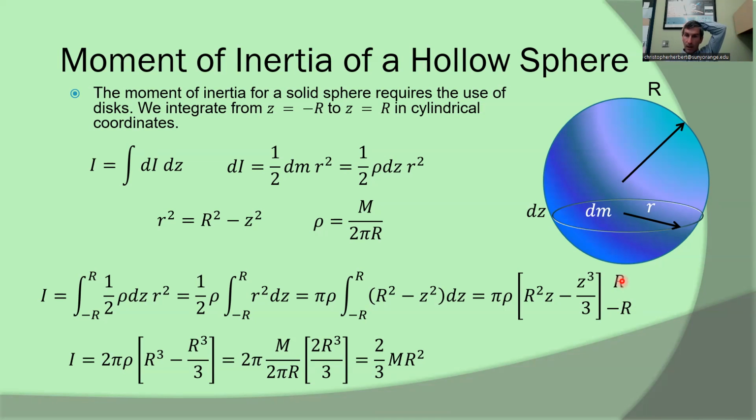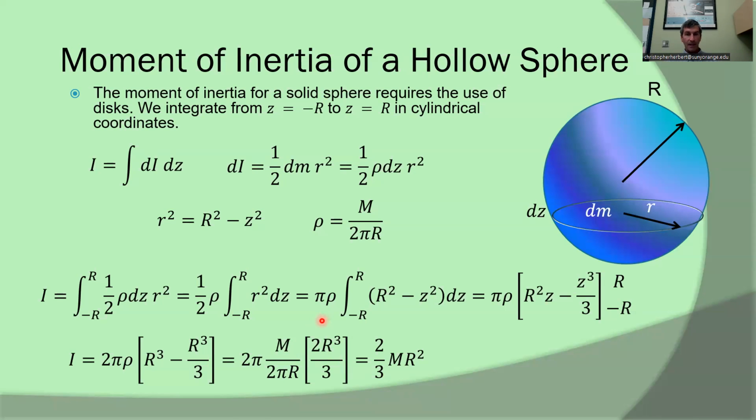So my r squared z, or r squared R minus negative r squared R, gives me 2 for this first term. I get 2 for the second term. I just pull it out front. So I have 1 minus 1/3 R cubed. That gives me 2 R cubed over 3, since 1 minus 1/3 is 2/3.